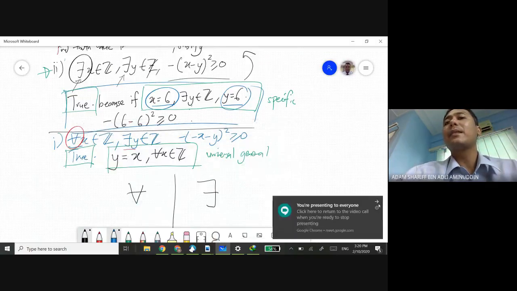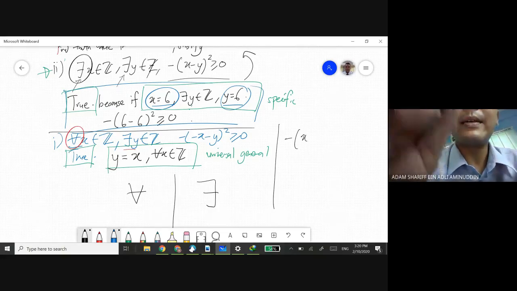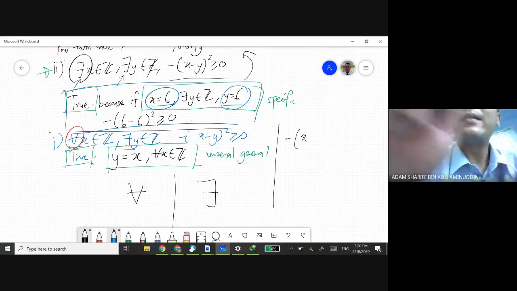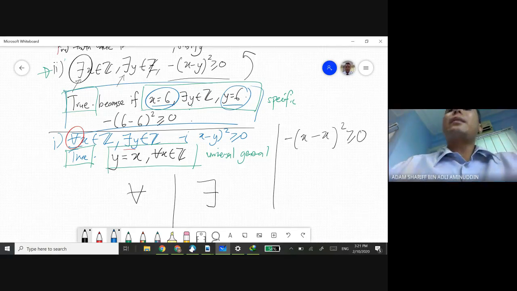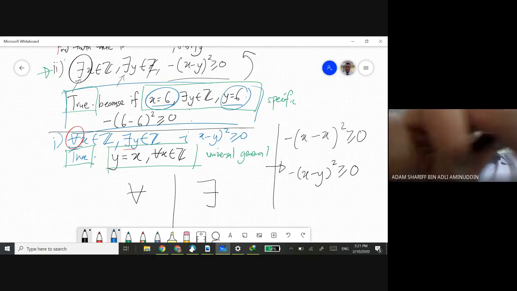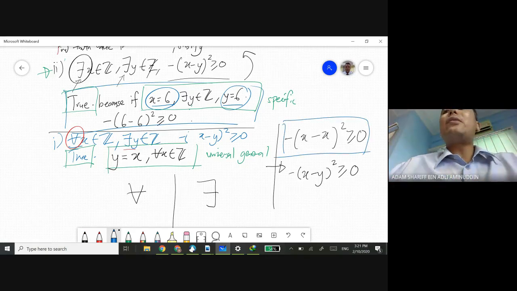Oh, okay. She said that I put this: negative x minus x squared. Okay, I assume some students at this point put negative x minus y squared. Let me try to answer the question. If the student directly puts this one, I can know their reasoning that y equals x.